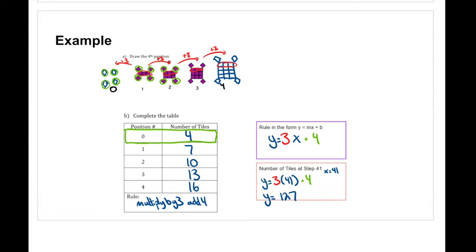Looking at a pattern or an input-output table, how can we come up with the rule, whether in words or in the formula y equals mx plus b, understanding what m and b represent, and how we can use that to figure out how many tiles are at a specific step. The main thing is being able to recognize it in a visual pattern, and if you need to, put it into a table and then use that formula as well.